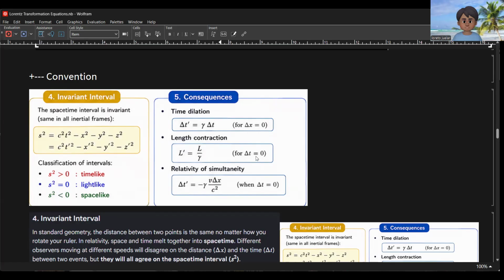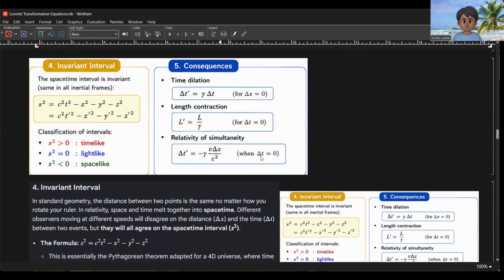For delta t equal to zero, we have the relativity of simultaneity: delta t prime equal to negative Lorentz factor times v times delta x over c squared. These are the formulas in the number 5 consequences, the formulas for delta t prime, L prime and delta t prime.